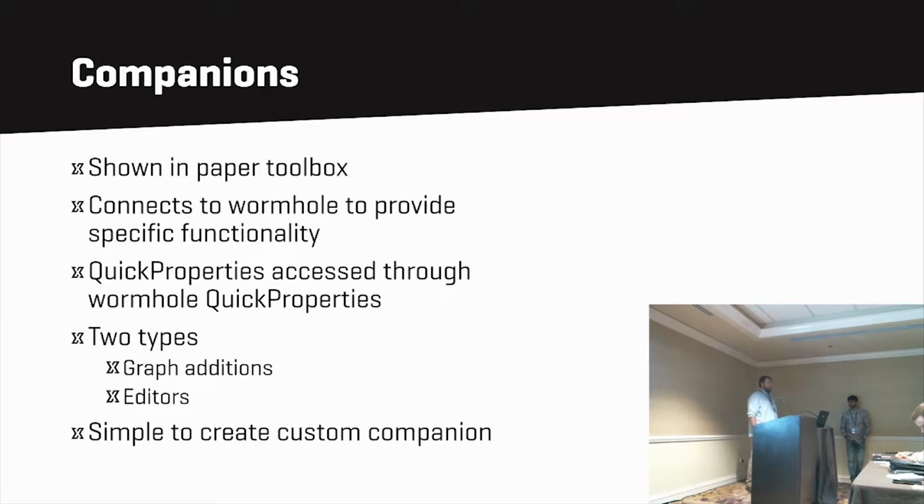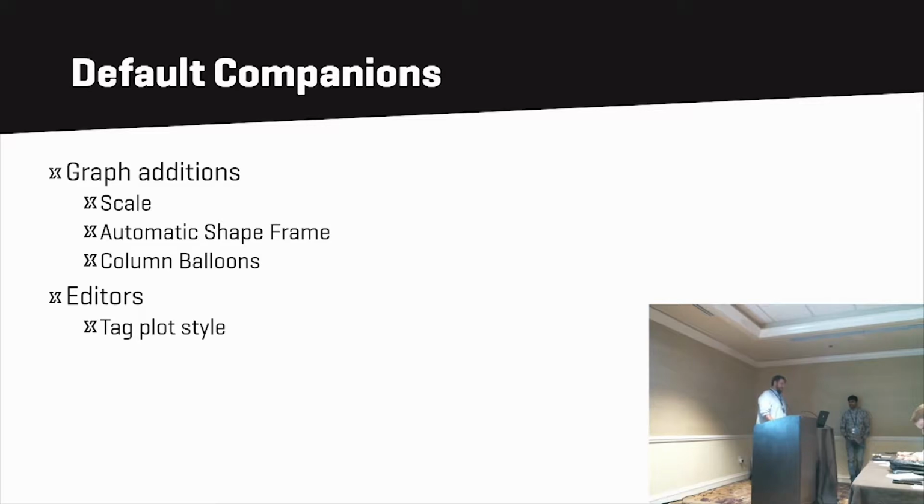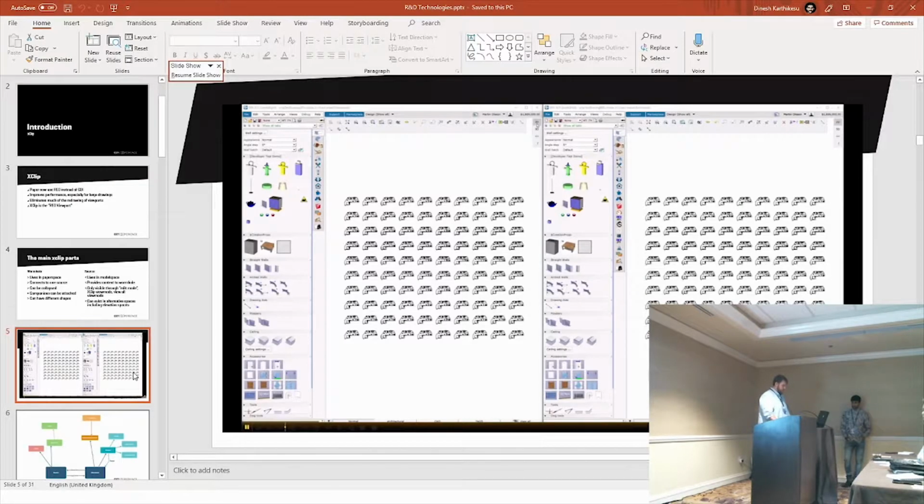The editors will be more advanced, but still not impossible. We have a few default companions: the scale, the frame, column balloons, which I will demonstrate, and also a tag plot style. I will show you all these now.